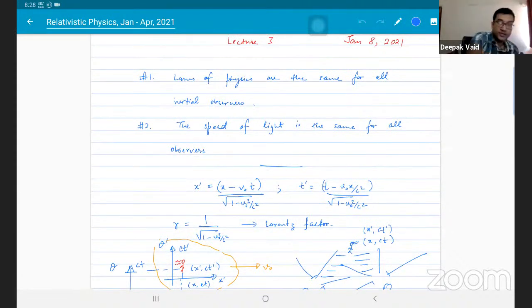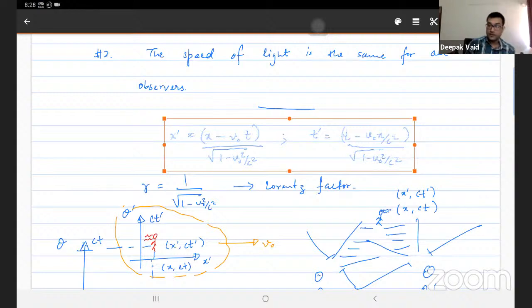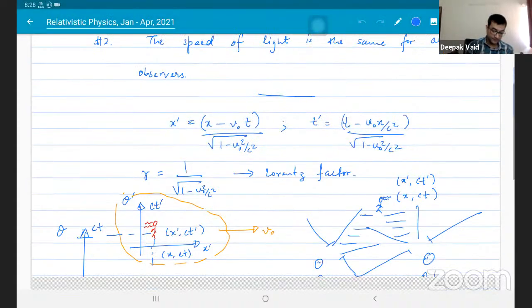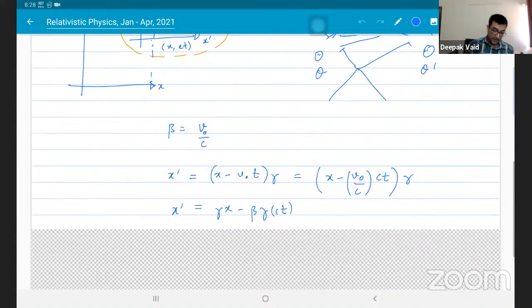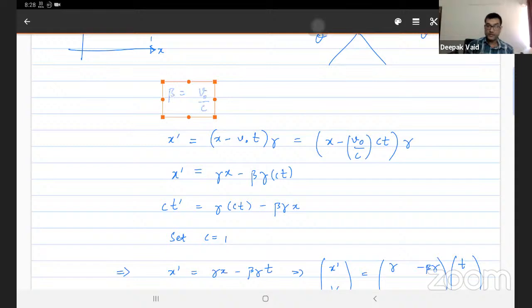Then we come to Lorentz transformations. And Lorentz transformations can be written in this way, right? So a Lorentz transformation is a linear transformation of the coordinates of time and space. And we can rewrite this by defining a quantity called beta. So that's the rescaled velocity, v by c.